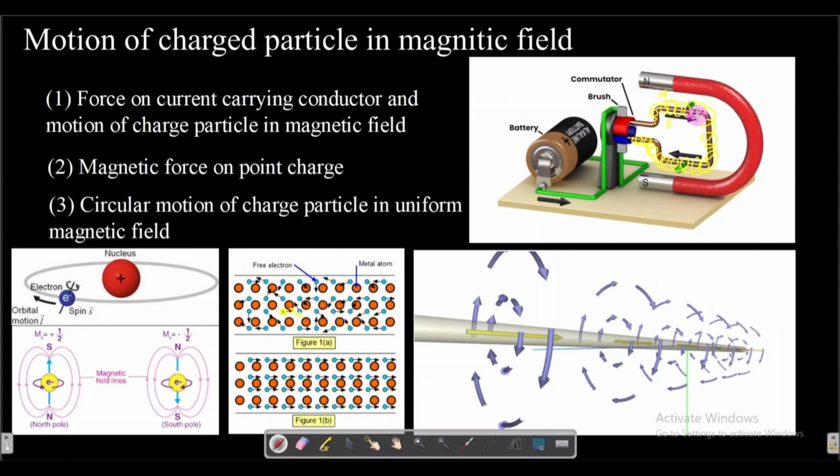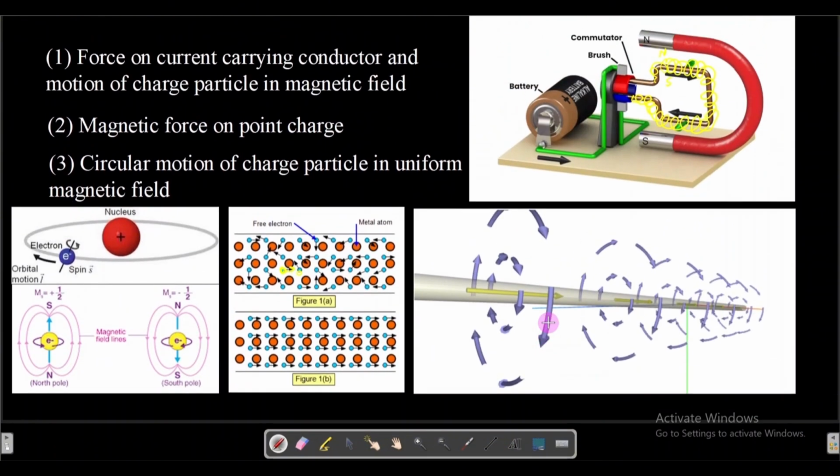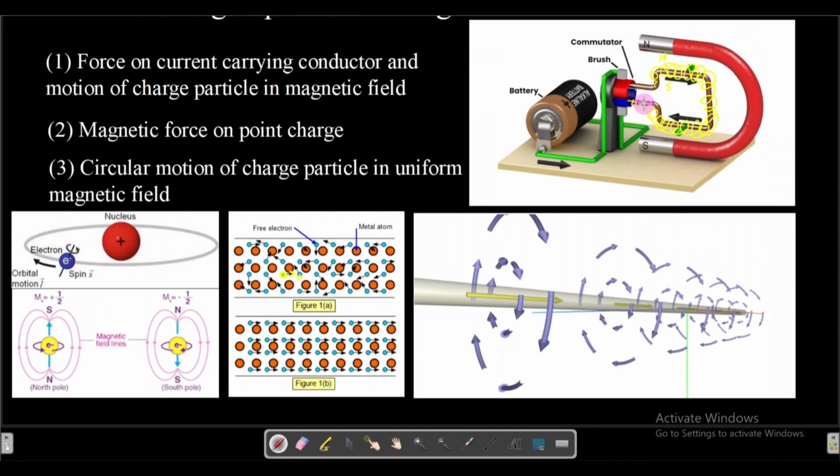Now the magnitude of the force on this conductor due to the interaction of its own magnetic field with the external magnetic field is given by these parameters. So here, the force on this conductor depends upon this external magnetic field. The direction is from north toward south.